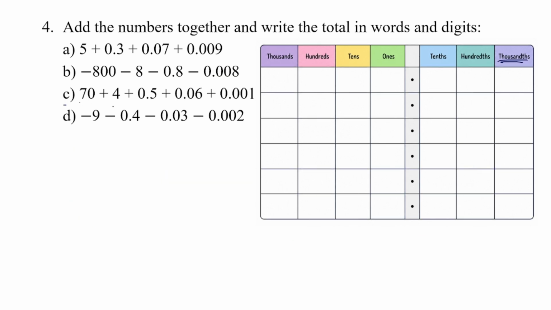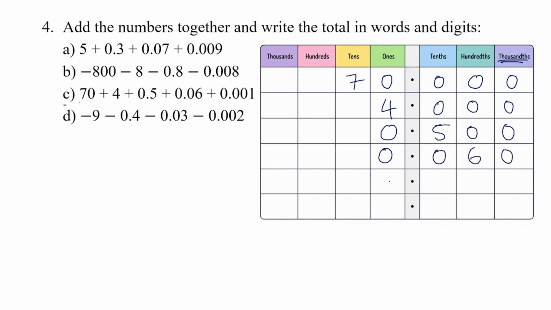Right, see, we're adding positive numbers, so it's easy for us. There's 7 tens, 0 ones, and then tens, 0, 0, 0 there. So it's 70.000, and then 4 ones, and then 0.000, and then 0.500, and then 0.060, and then we have 0.001, right?